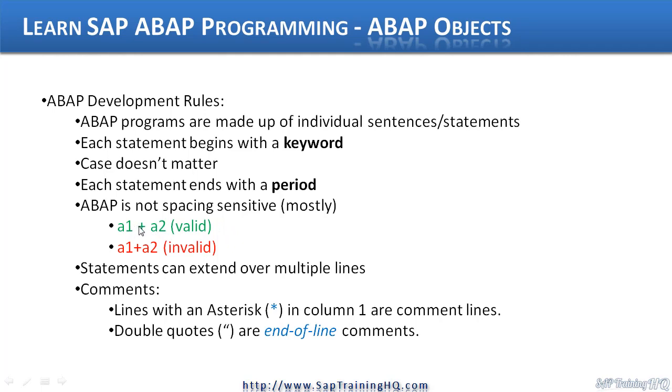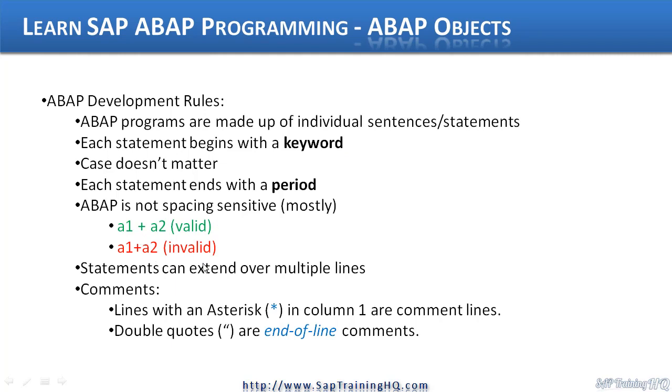We have spaces between A1 and the plus sign. When we go to the next line down, A1 plus A2 without any spaces is invalid. And with calculations as well, if you're saying A1 equals A2 plus open brackets A3 divided by A4 close brackets, you will need a space after your brackets before your next A3 and so on. So that's just a few things to look out for.